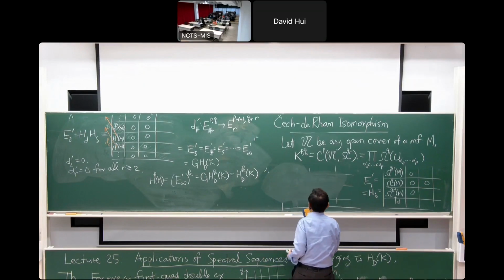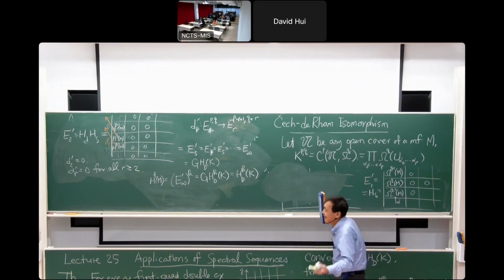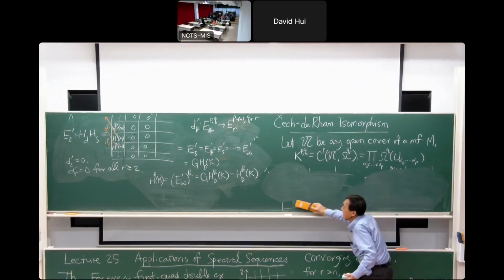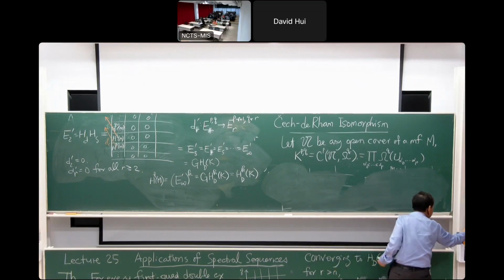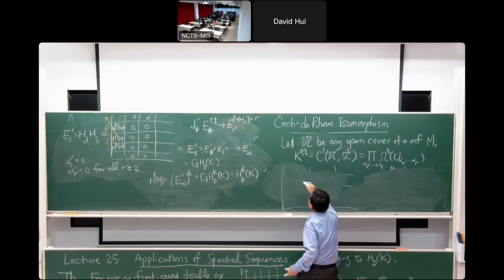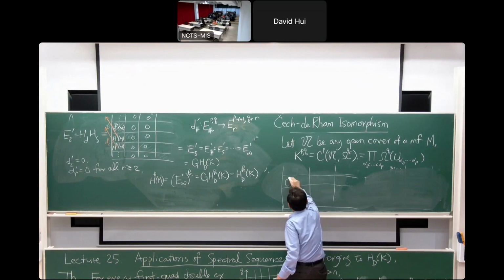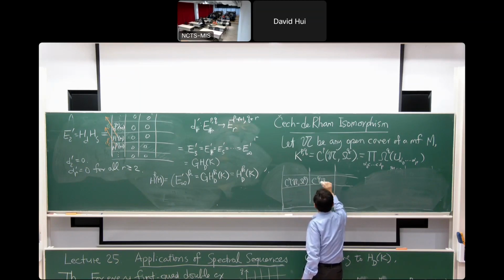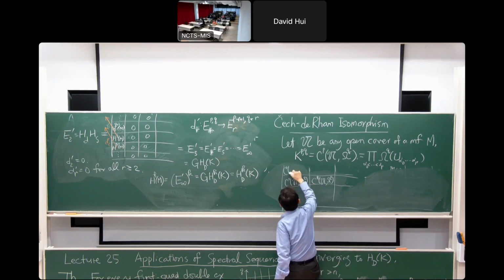Oh, no, gosh, I erased K. So C0U omega Q, C1U omega Q, and then C0U omega Q plus 1.